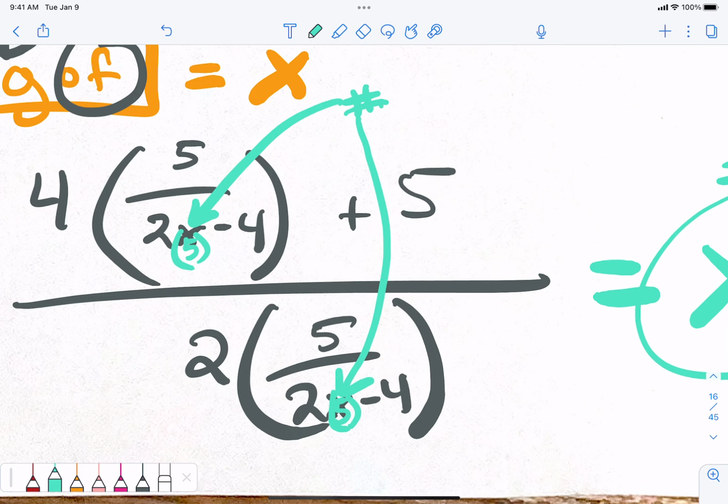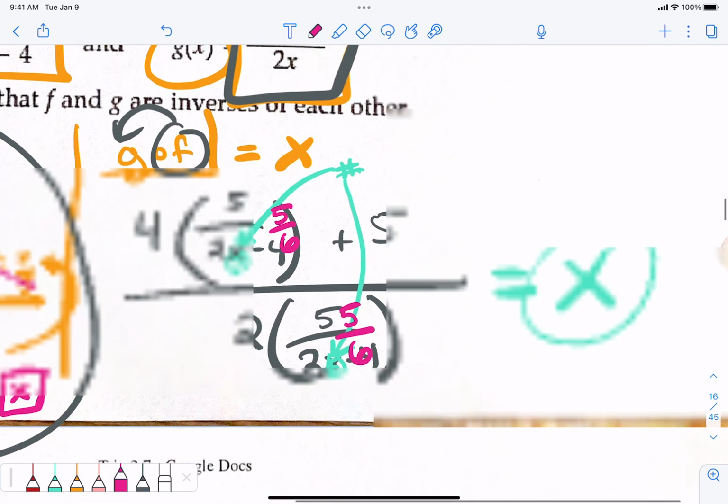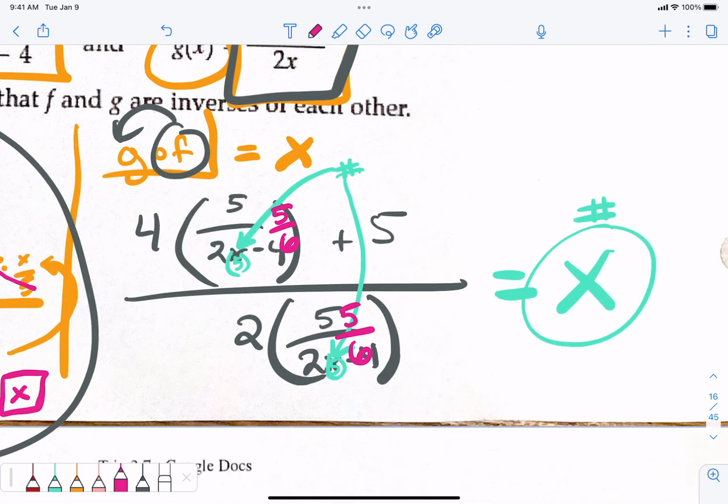All right, what is 5 over 2 times 5 minus 4? 5 over 6. Okay, so this becomes 5 over 6. And this becomes 5 over 6 as well. Okay. 4 over 1 times 5 over 6. That is 20 over 6.